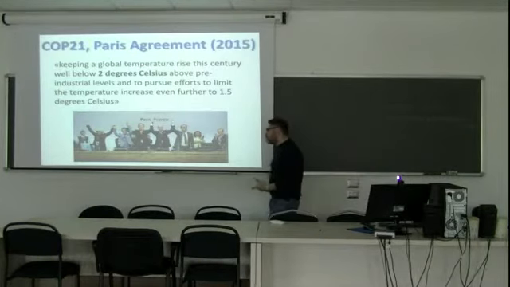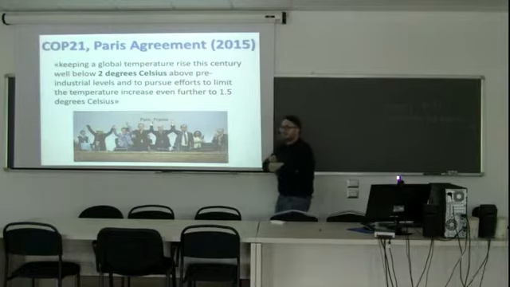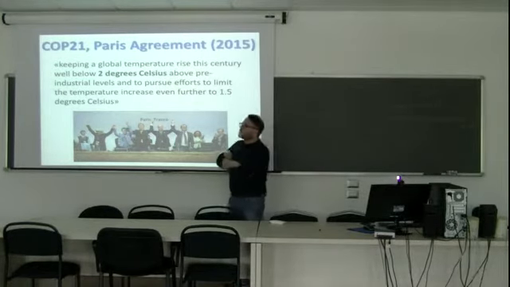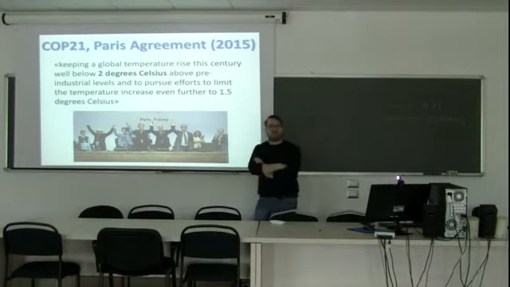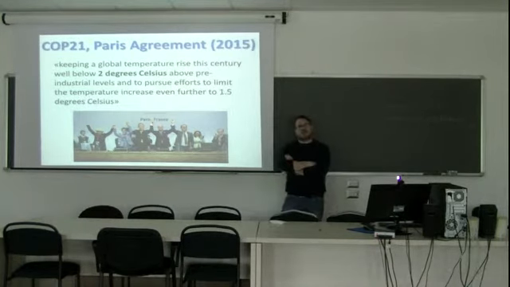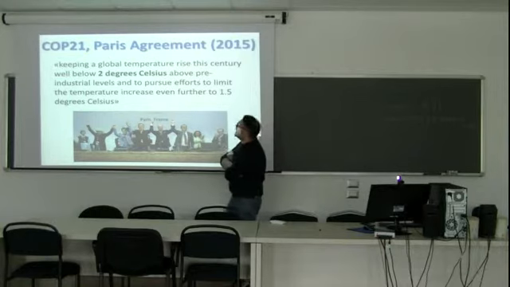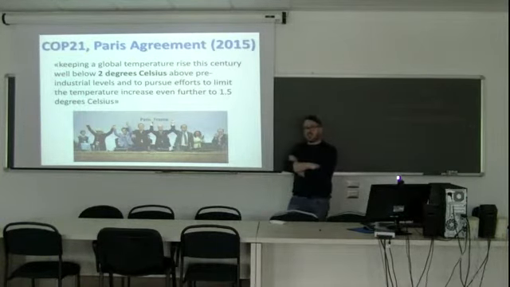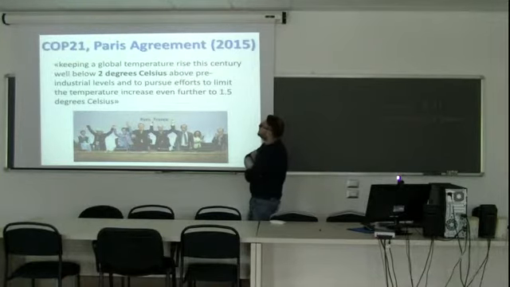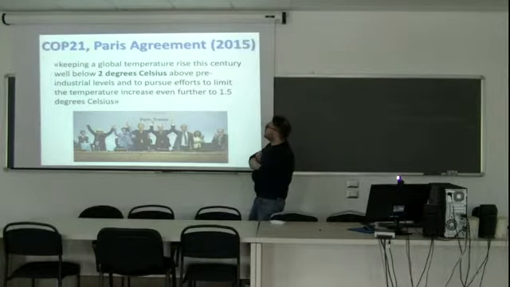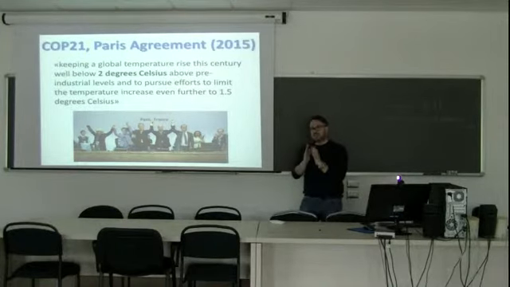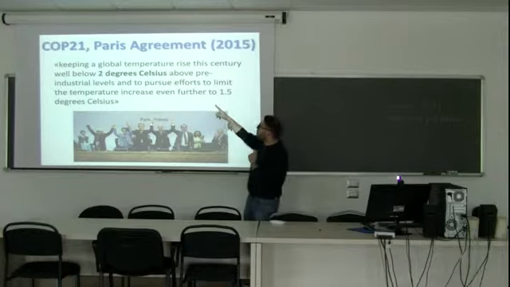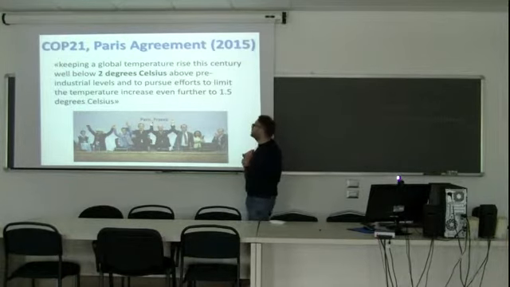The response to this disease is coming from Paris. In 2015, the most important countries signed the Paris Agreement, COP21, the Conference of the Parties 21, in which they say that the global temperature rise must be limited to within 2 degrees Celsius above the previous level.